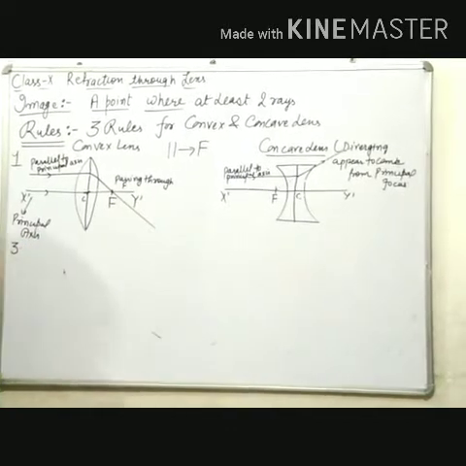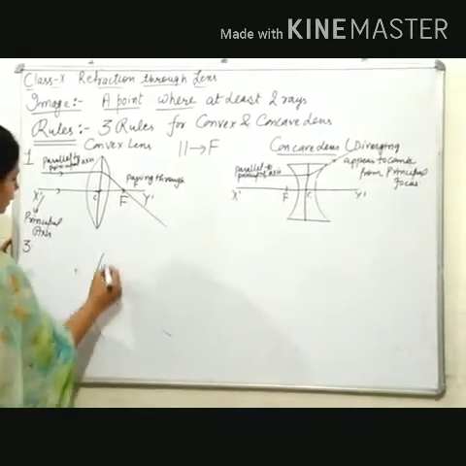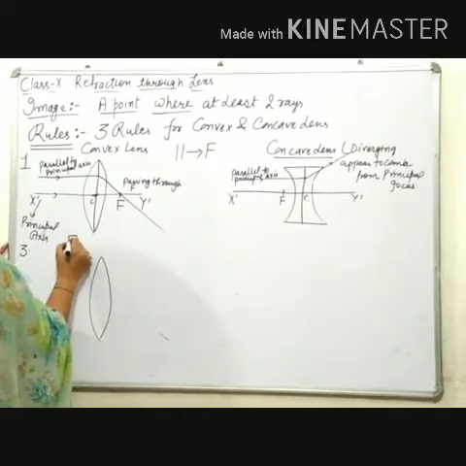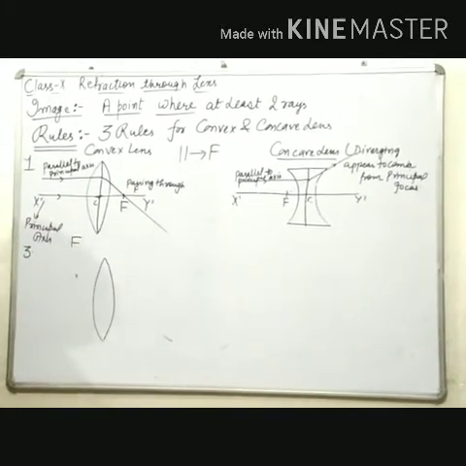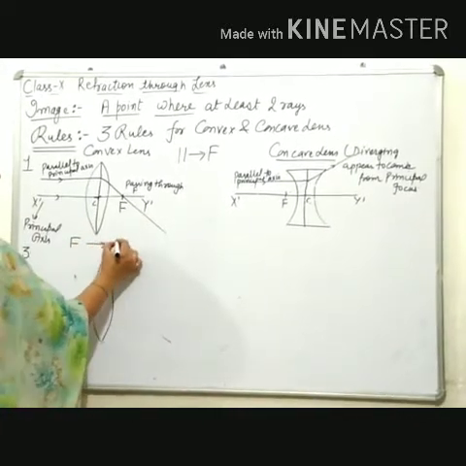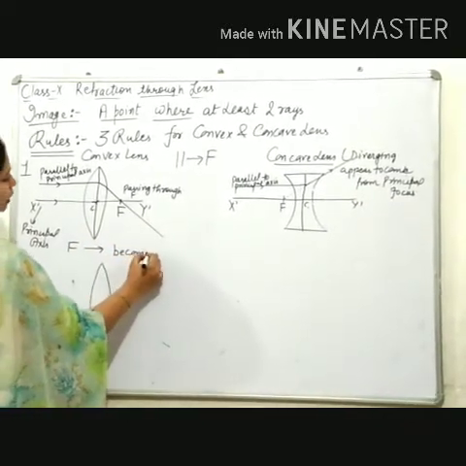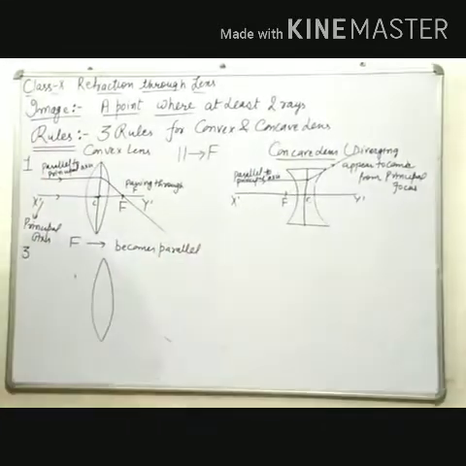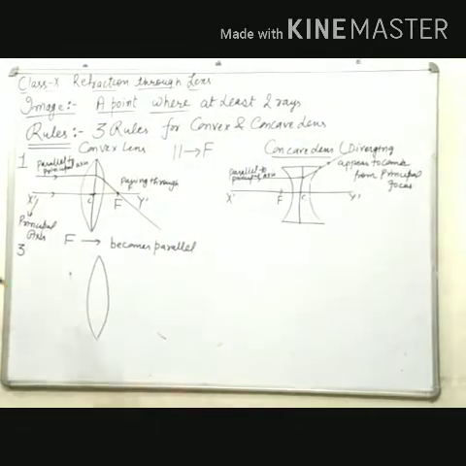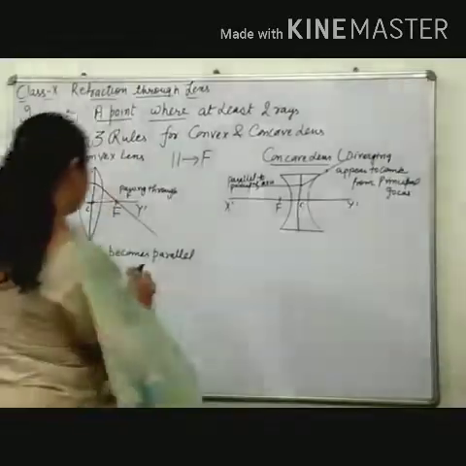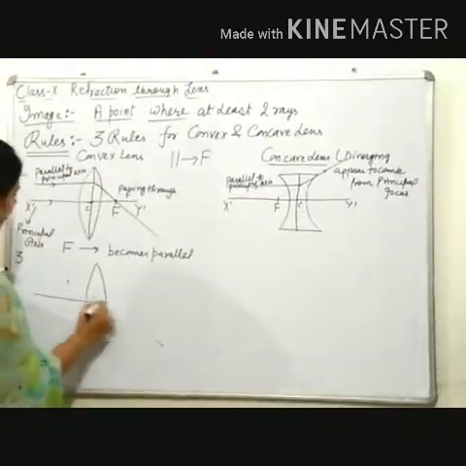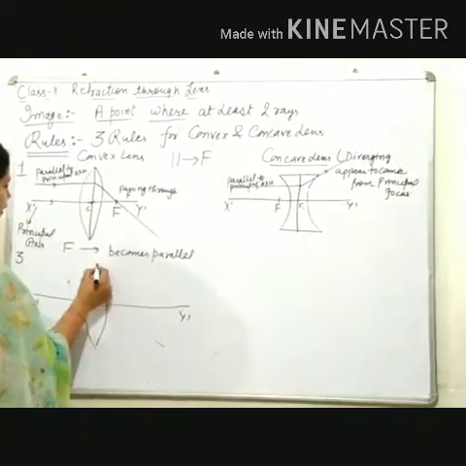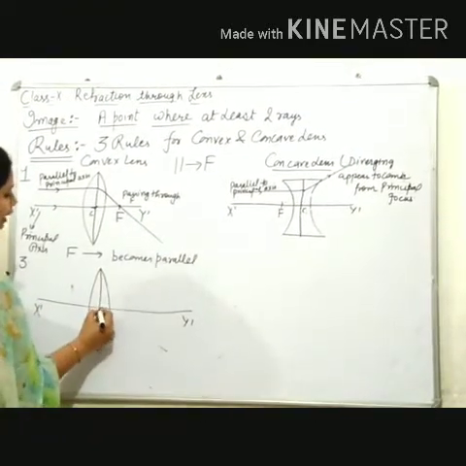Now the third rule. Third rule is, if a ray is passing through focus, after refraction it becomes parallel. So as to differentiate between convex and concave lens, you have to focus here. This is our principal axis, x dash y dash. This is the aperture of the lens.